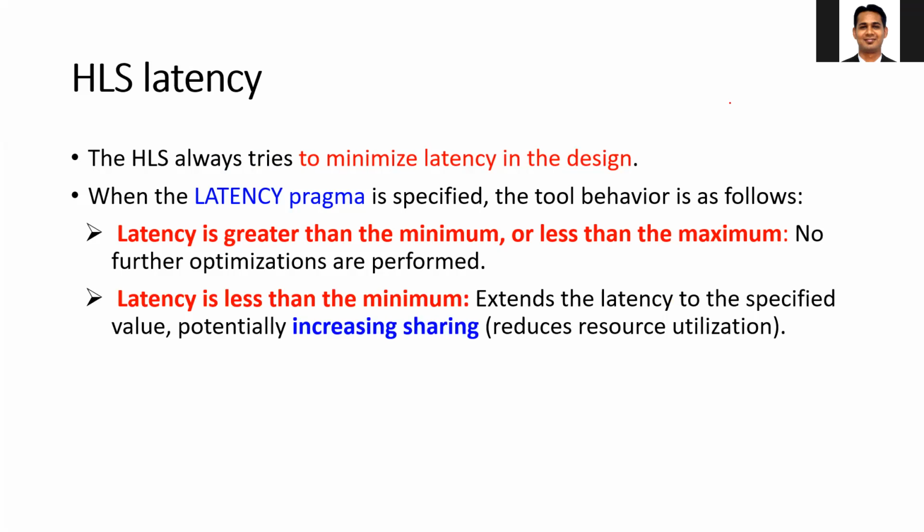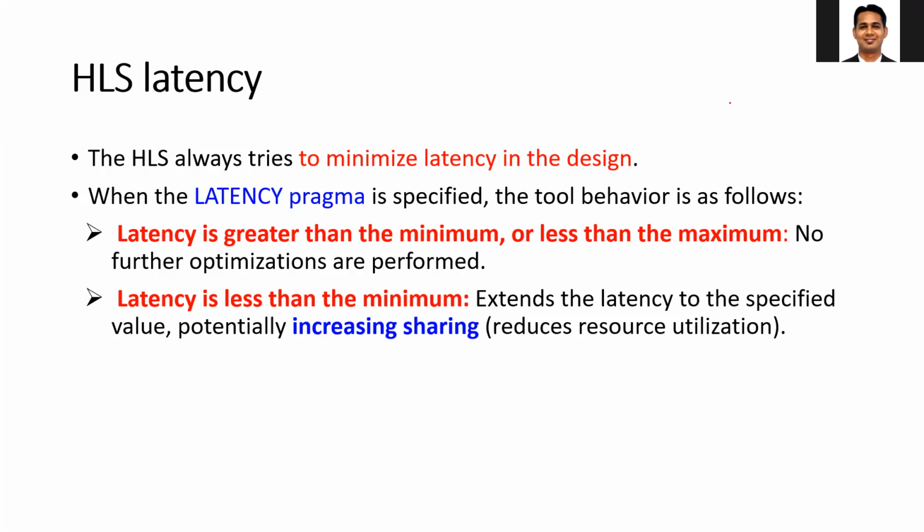Suppose that you have specified the minimum and maximum values, but the tool is able to come up with an architecture which has a latency less than your minimum value. Then the tool can increase the latency to between your minimum and maximum value by doing resource sharing.